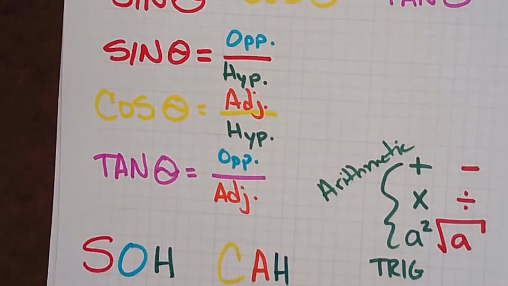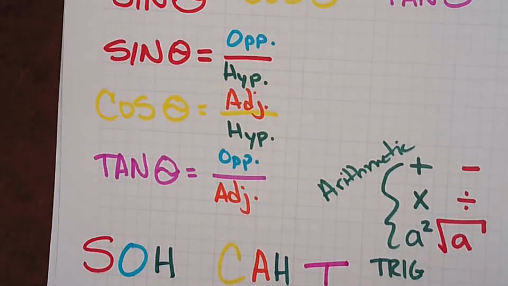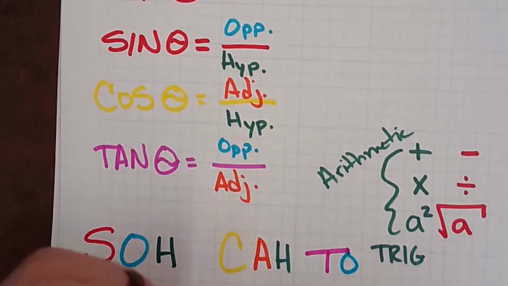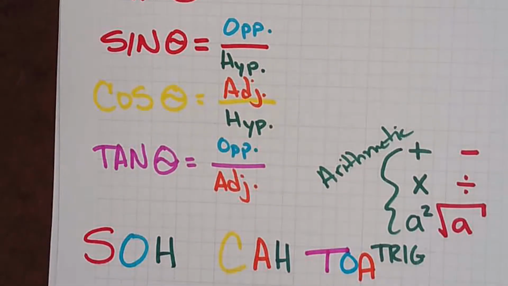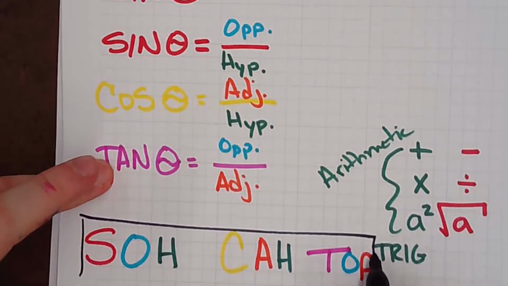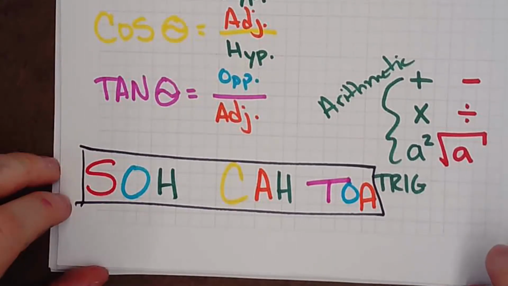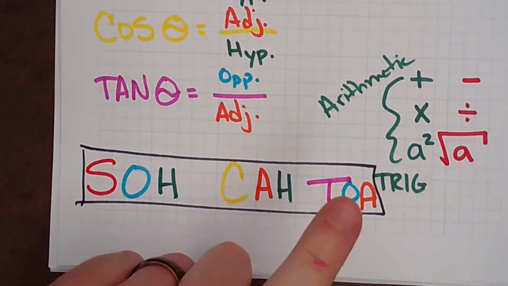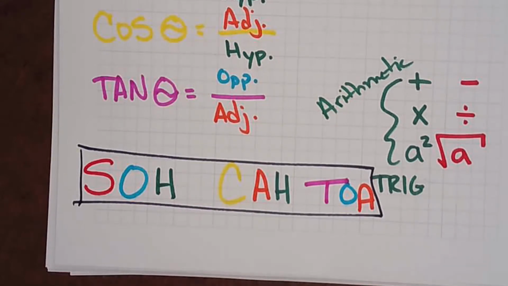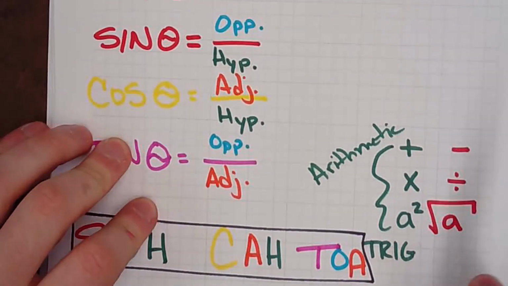And then we have tangent, which starts with a T, and it's opposite over adjacent. So altogether, the mnemonic to remember is SOHCAHTOA. Sine opposite hypotenuse, cosine adjacent hypotenuse, tangent opposite adjacent. And that's how you remember these trig ratios.